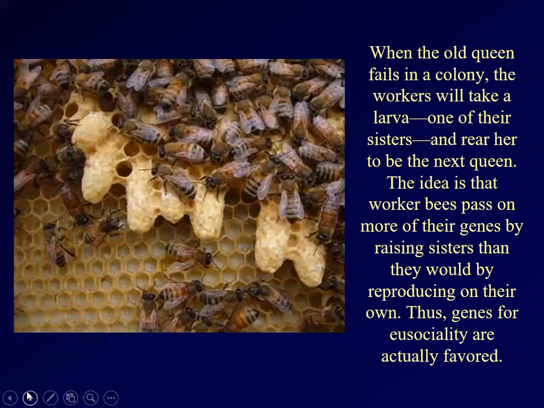She'll get them to a new home, and actually it has to be before she dies, they'll make some queen cells and create a new queen. And that new queen is going to have to fly out and go mate with some drones. And then the old queen will probably die.